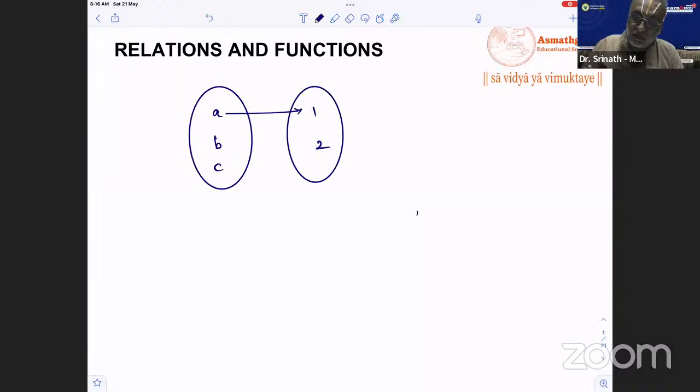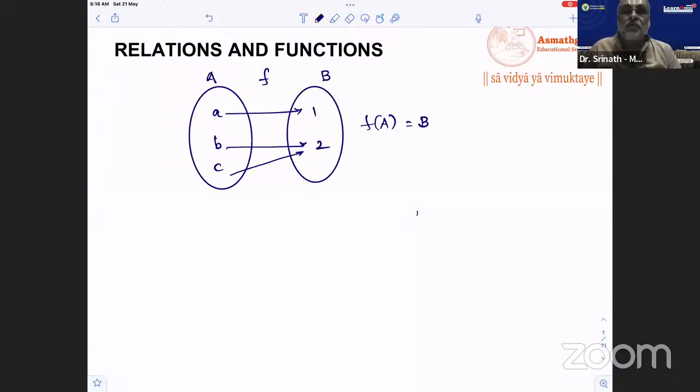Here if you observe, this function is referred to as an onto function. Why is it called an onto function? No element in B is being left over. So that means here the range happens to be the codomain. Okay. So therefore, this is an onto function. If it is not onto, it is called into.